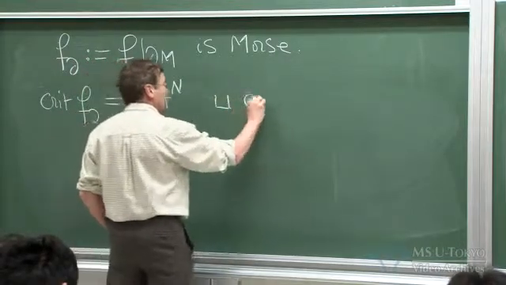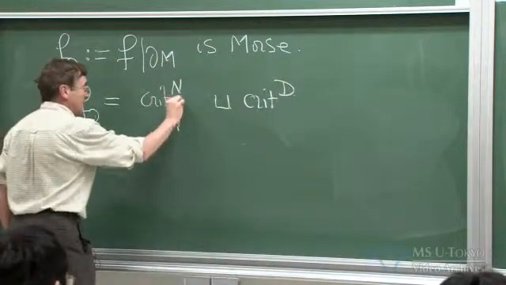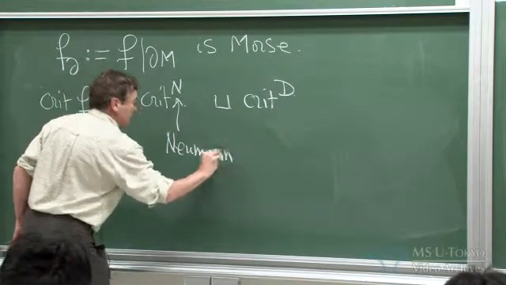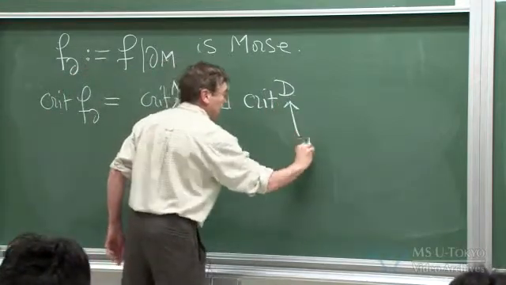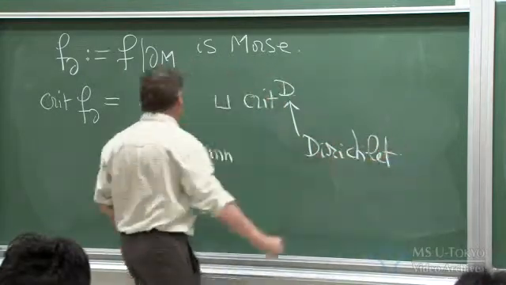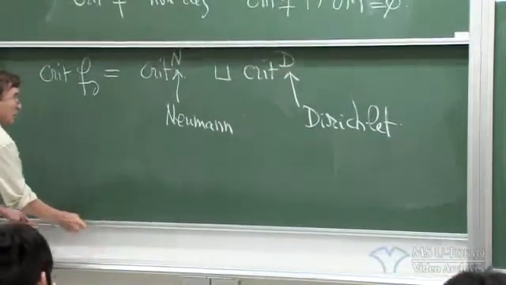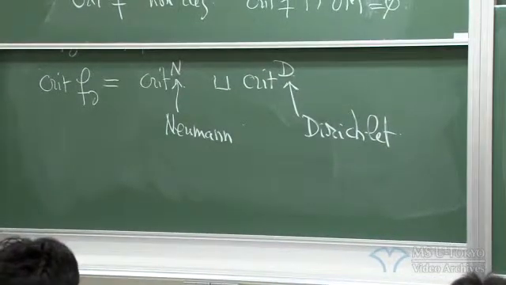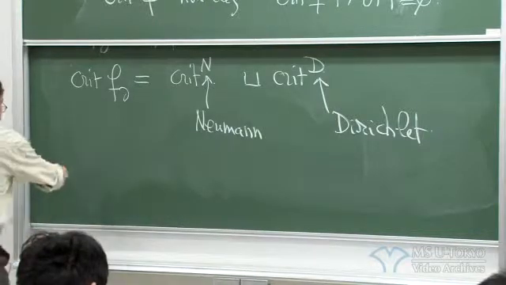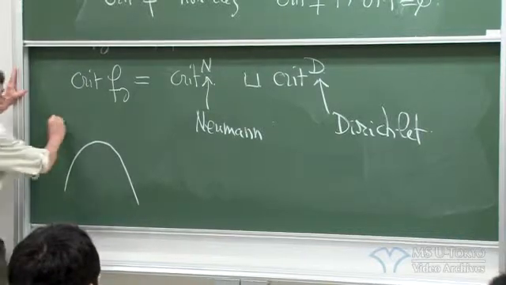The critical points are decomposed as a union of type N and type D. N is like Neumann, D is like Dirichlet; I explain later. What is the definition for these types of critical points? Neumann is this one. I make a picture in dimension 2.